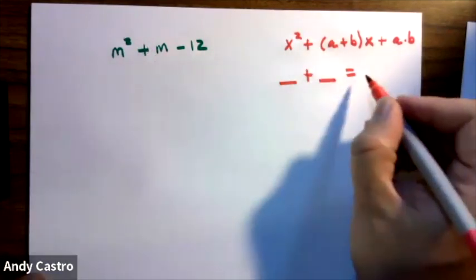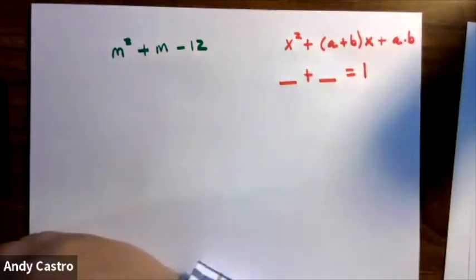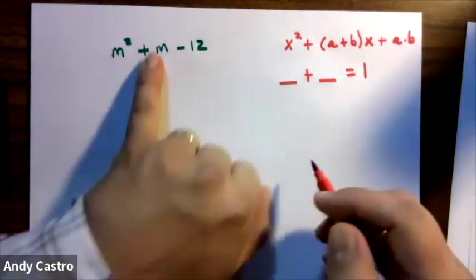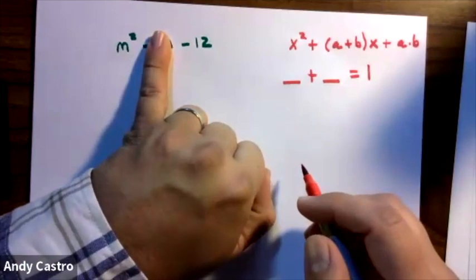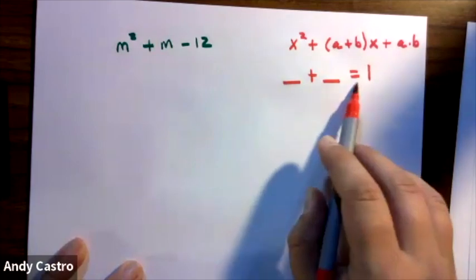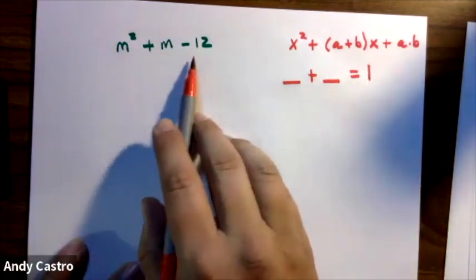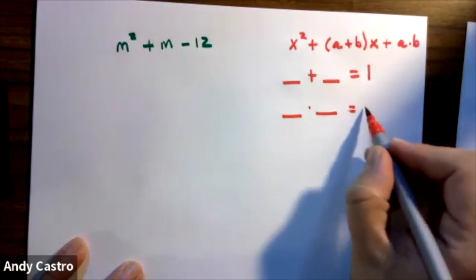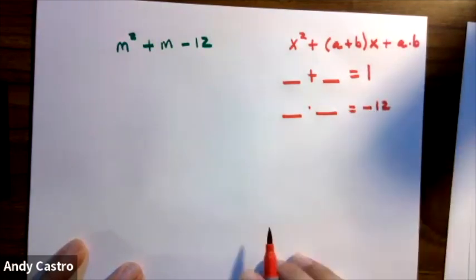It's not seen. That is a number 1, not a 0. If there was a 0 here, then you would have m squared minus 12. But we don't. We have m squared plus m. So there's an implied number 1 there. But when I multiply those same two numbers, there is a negative 12.